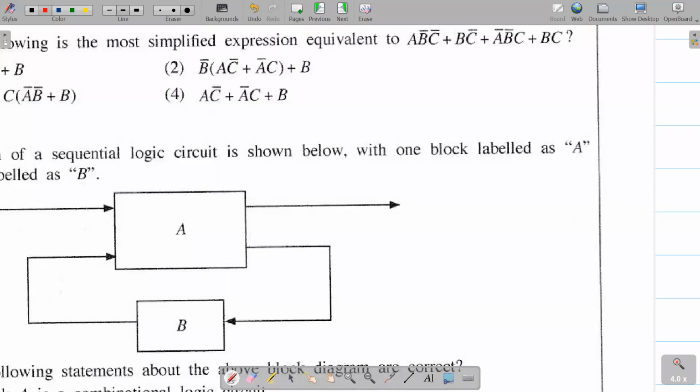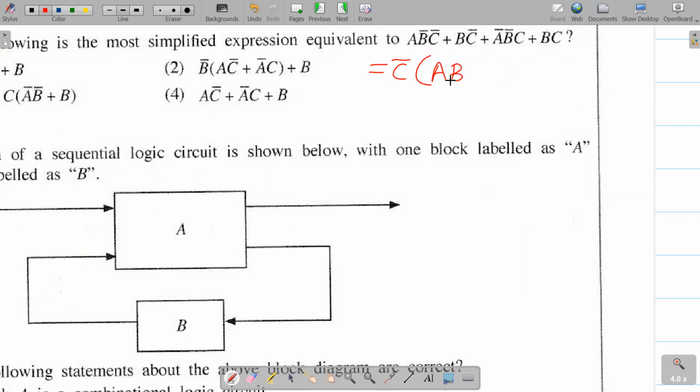Okay. So what we can do? Yes, let's go in a simple manner. Right, I'm taking C bar out.